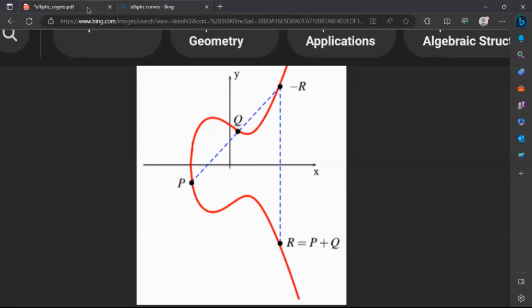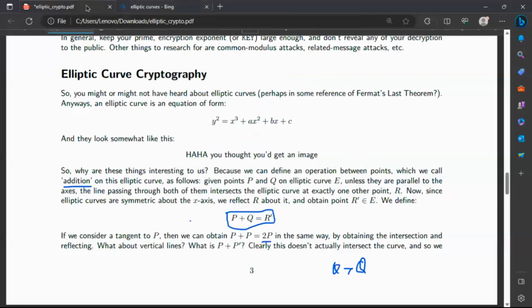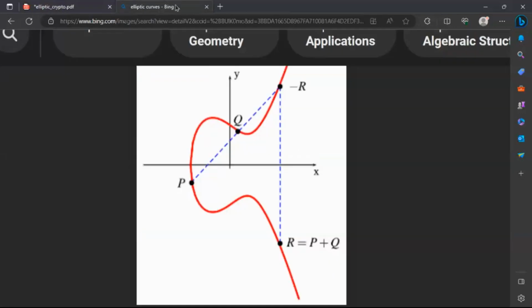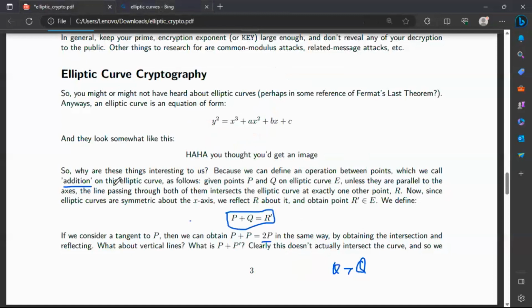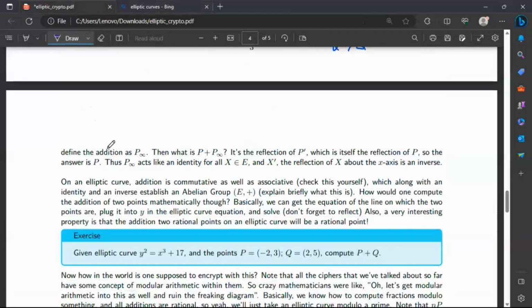So we'll actually define a point called the point at infinity, which is basically where all of these vertical lines end up. So R plus R dash goes to the point at infinity, and the reflection of the point at infinity about the x-axis is just the point at infinity. So we define R plus R dash or P plus P dash or Q plus Q dash to be the point at infinity.